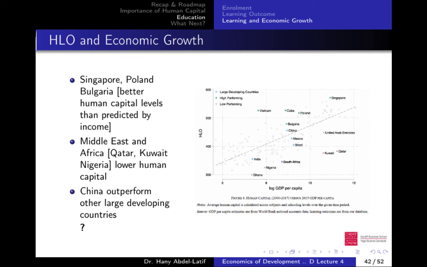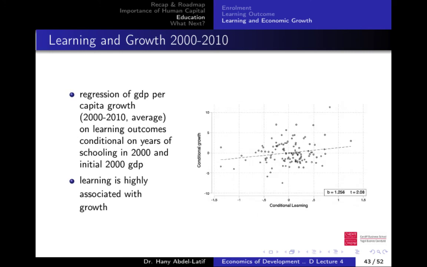So this is the conditional learning and how it affects economic growth. Conditional learning, because they condition it on schooling as well, so attending school. What we have here, using the same index, is a positive association between learning and economic growth.